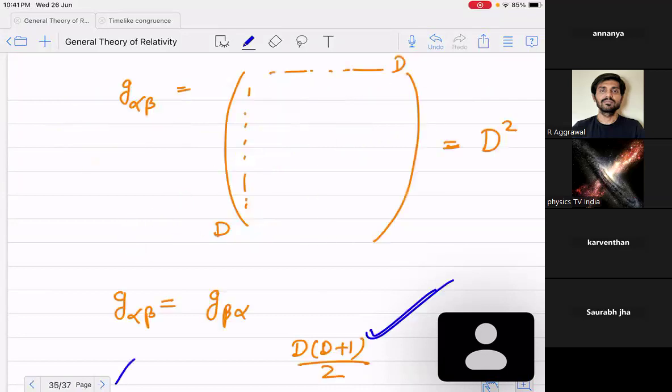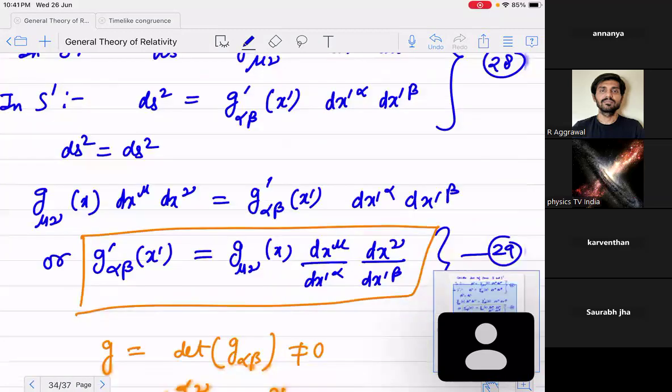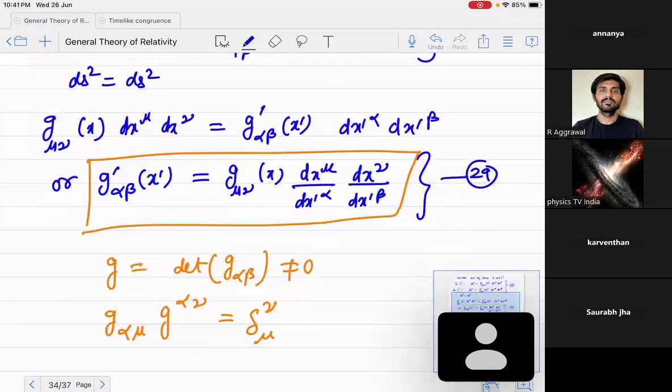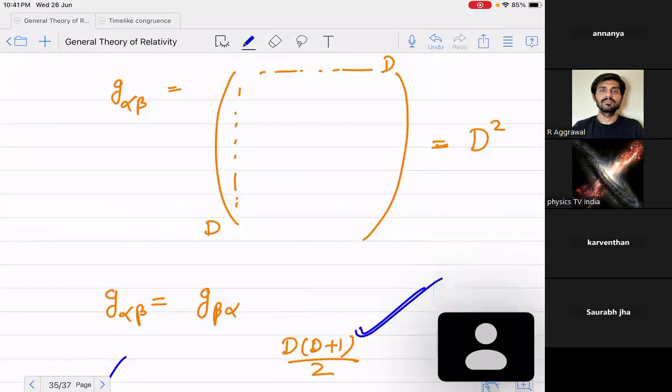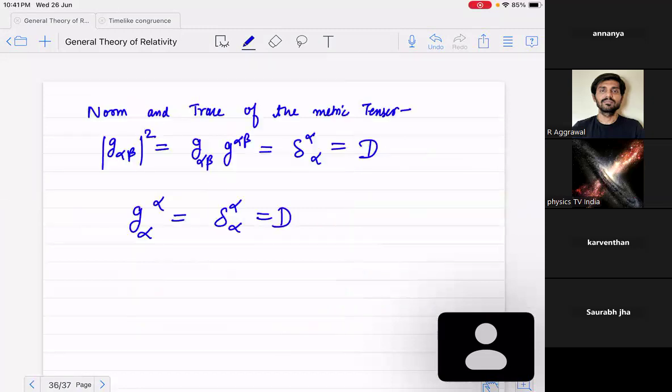What is the equation number? 28, 29, 30, 31, 32, 33.